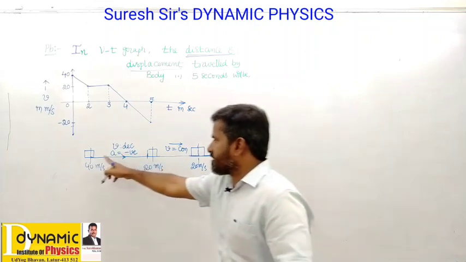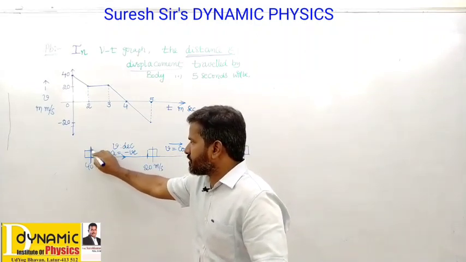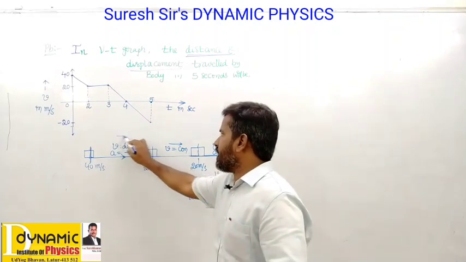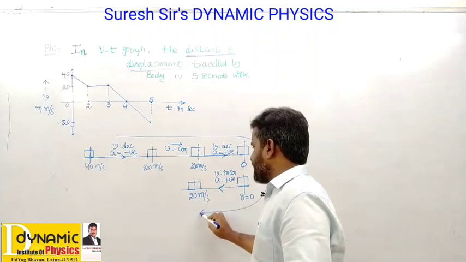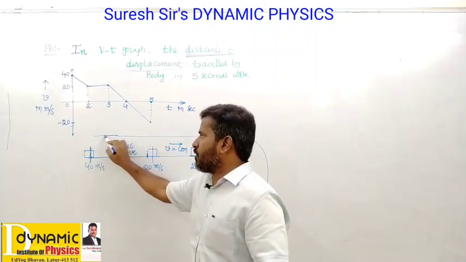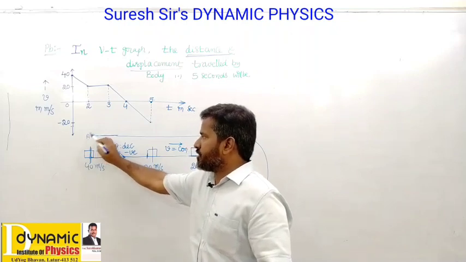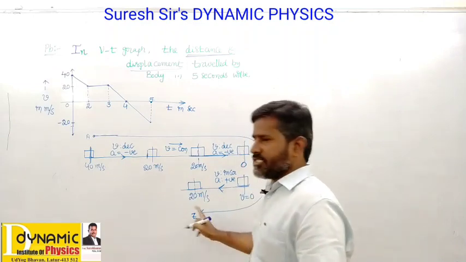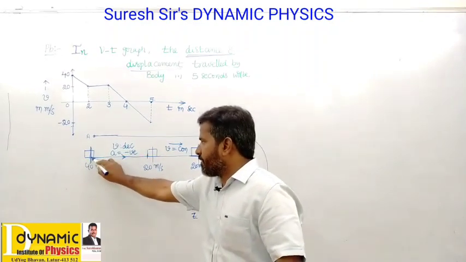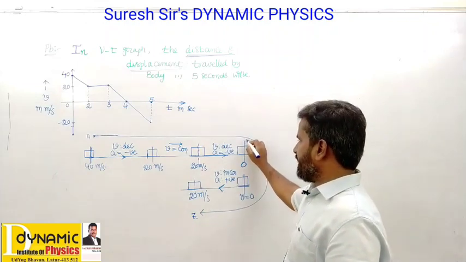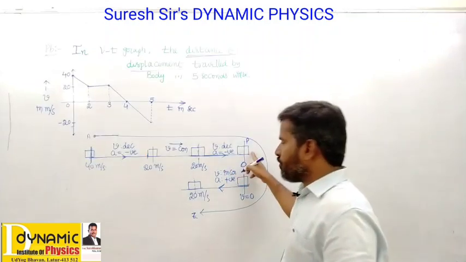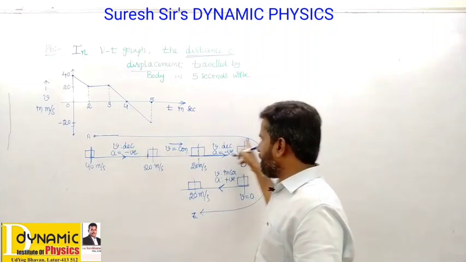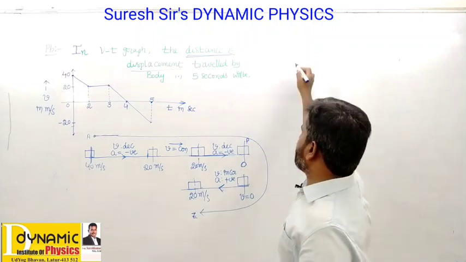Distance means from the starting position up to the ending position, the addition of the total value, from A to Z. For displacement, suppose this position is P. A to P is positive and P to Z is negative. That means AP minus PZ is the displacement.